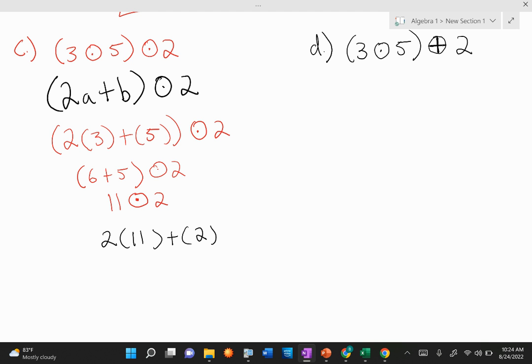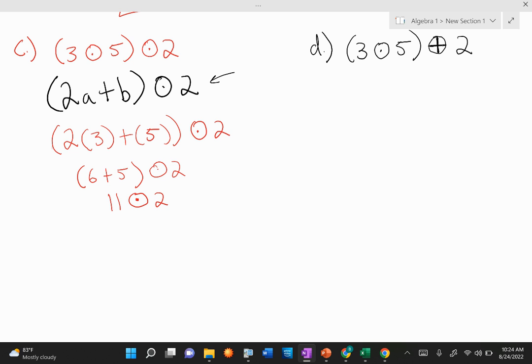Okay, let me talk through it real quick. So we have this first line. We put in the non-standard operation for the black pearl, which was 2a plus b. We put that in for this first part. We left the black pearl 2 on the outside.